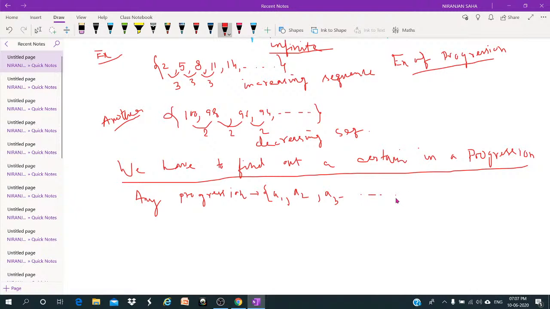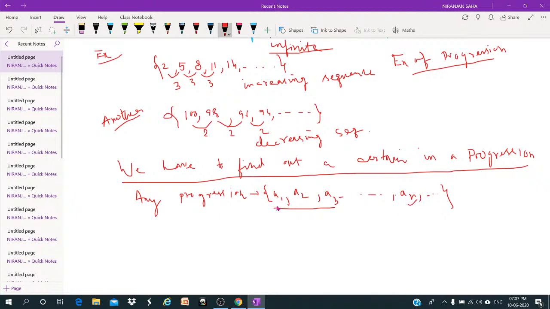We have to find the nth element, just having some information from this progression.